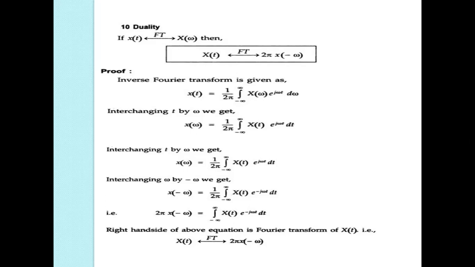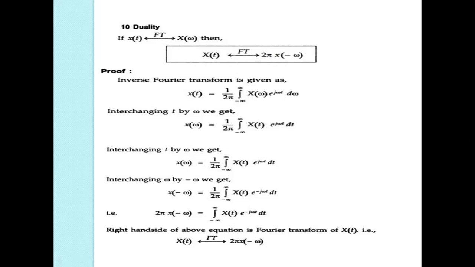See, the statement of the duality property says that if x of t has the Fourier transform X of omega, then observe here, X of omega, the capital letter, will be on the right-hand side. The time domain function is always represented with a small letter, and the frequency domain function is always represented with a capital letter, my dear students.